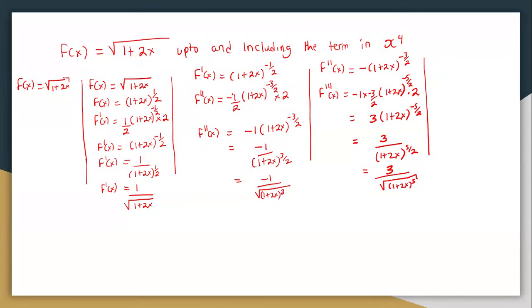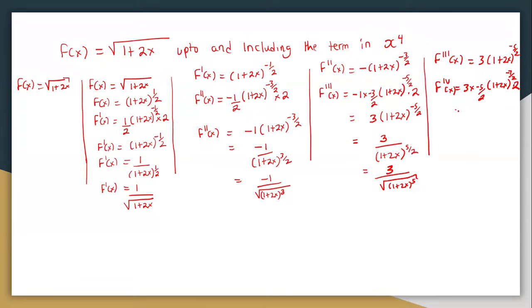Lastly, Ronald? Morning, sir. We are going to drop the power negative 5 over 2. Then we subtract 1, which is negative 7 over 2. Differentiating what is inside, we get 2 times 2.